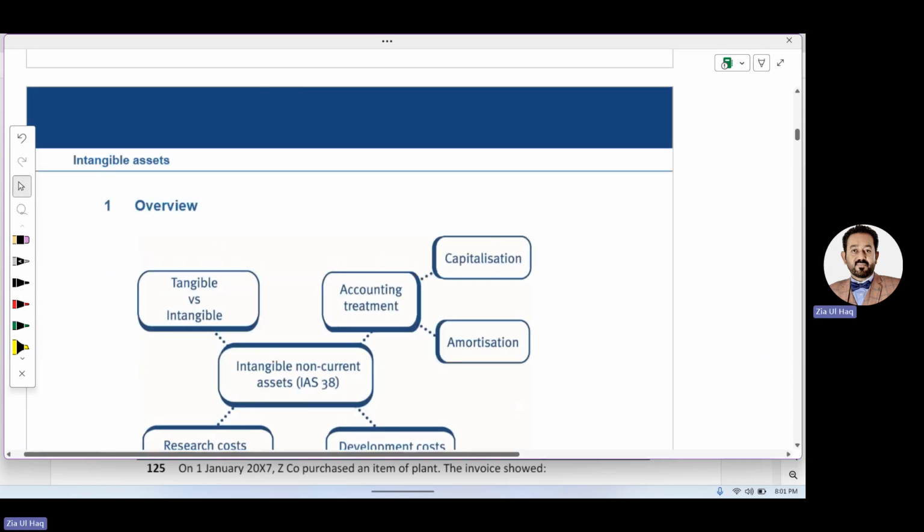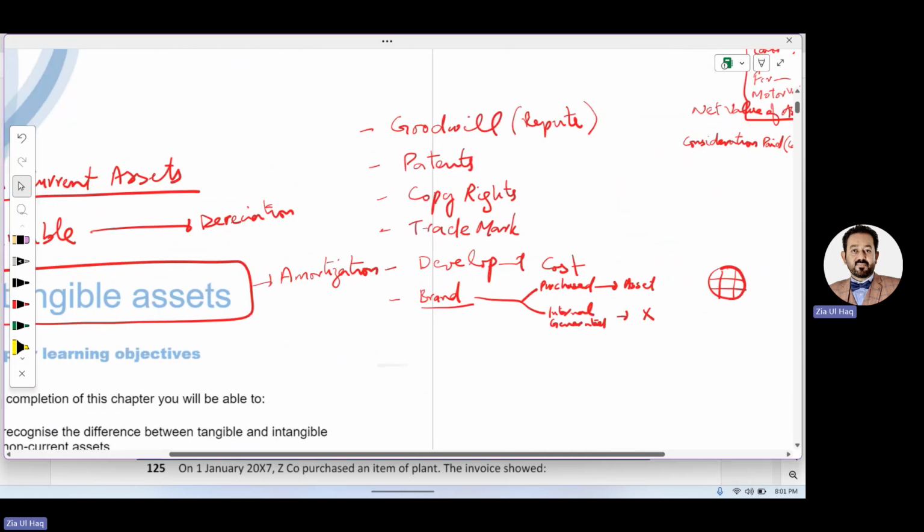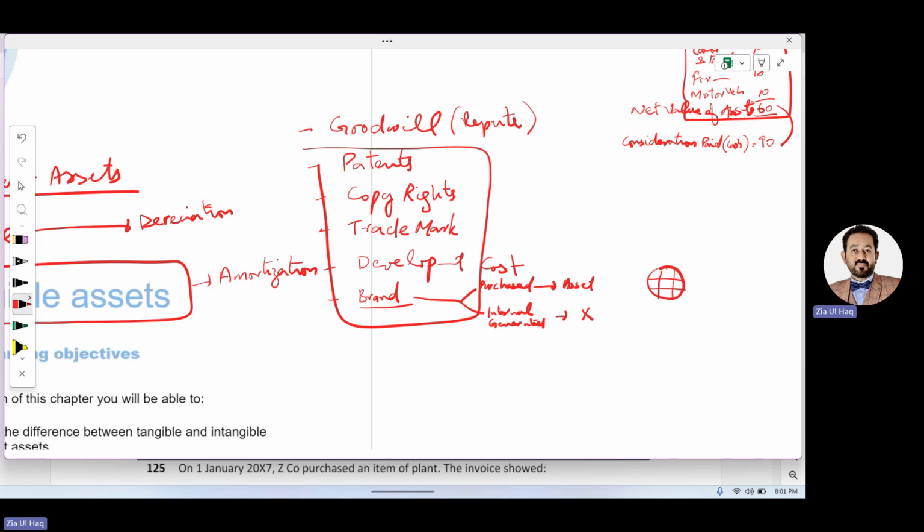Goodwill is a different type of intangible asset. Others are of a different type. All others except goodwill we amortize. But goodwill we do not amortize because we cannot measure its life.